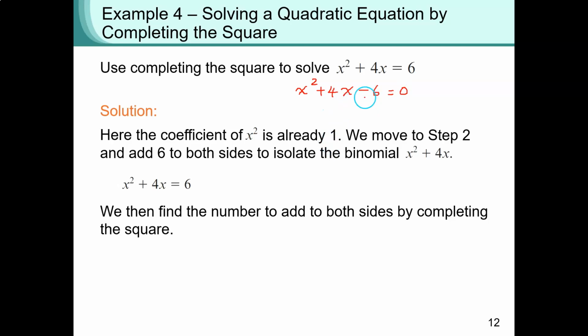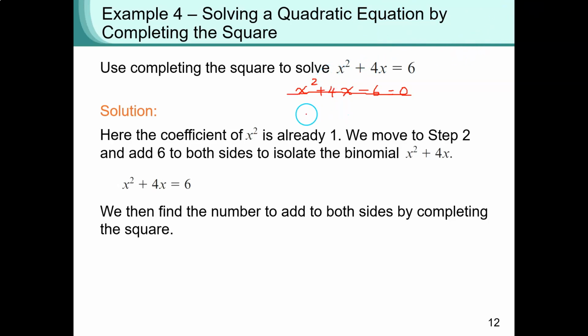When I try to use the factor form to solve the equation, I realize there's no way I can factor it out. So the factor form won't work. So I'm going to use another strategy to solve it. We call it completing the square form.